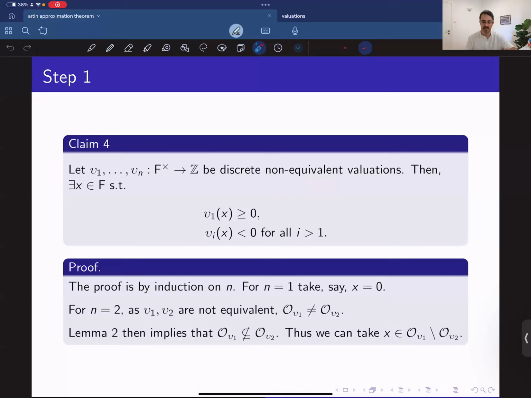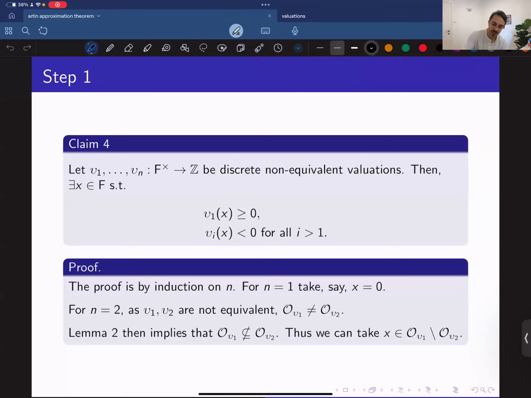If they are equivalent, you can't say anything about their being different because they're essentially the same. Then what I claim is, there is an element in the field that according to V1 has a 0, or at least doesn't have a pole, and according to any of the other Vi's, it has a pole. So you can cook up an element that's defined at the point that is abstracted by V1, but is undefined at the other points. So you see, it's an interpolation argument here.